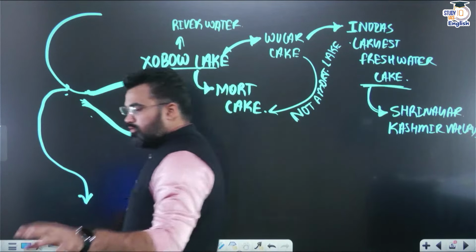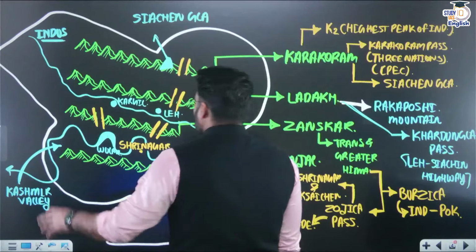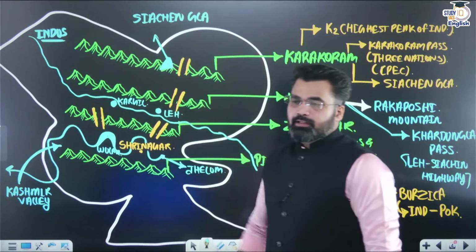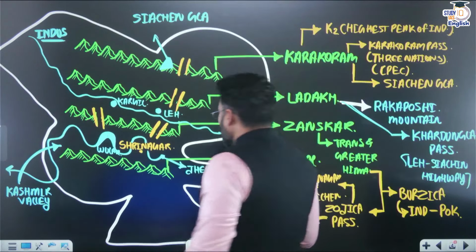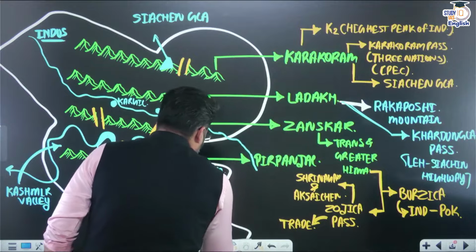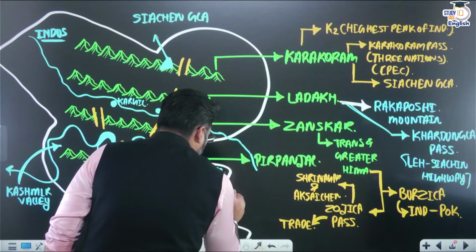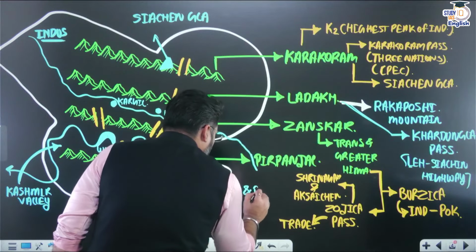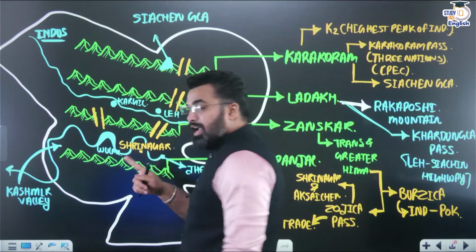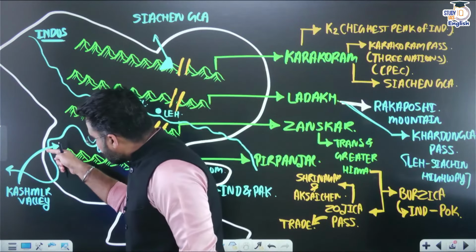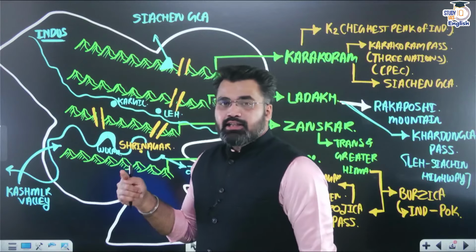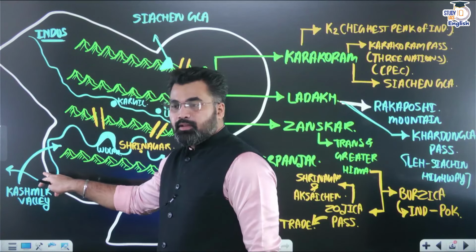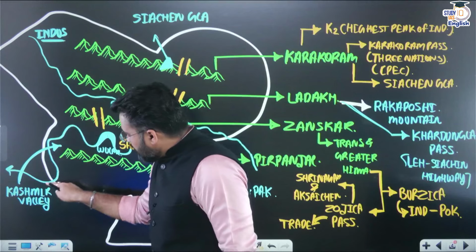So write it down that these are some important facts of Wular Lake, and this is the course of that river. Also mention that Jhelum River is making the border between India and Pakistan. Why? You can see here, the legit area of India is up to here, and this river is making the border with that part.